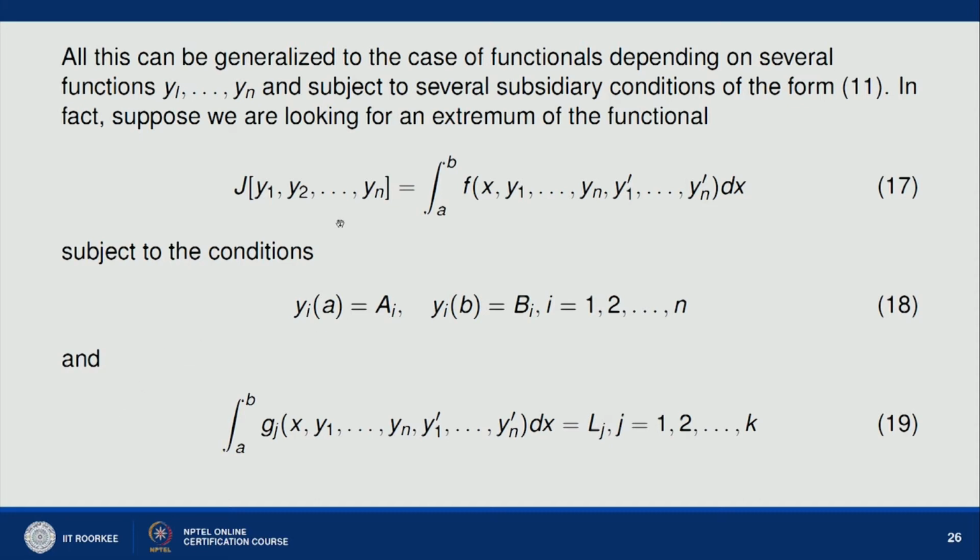So, what we try to do here is find the extremal of the functional J of y1 to yn, which is given as the integral from a to b of f of x, y1 to yn, y1 dash to yn dash dx, subject to the boundary conditions yi of a equal to capital Ai, yi of b equal to capital Bi for each i equal to 1 to n, and the conditions that the integral from a to b of gj of x, y1 to yn, y1 dash to yn dash dx is equal to Lj, where j is equal to 1 to k.